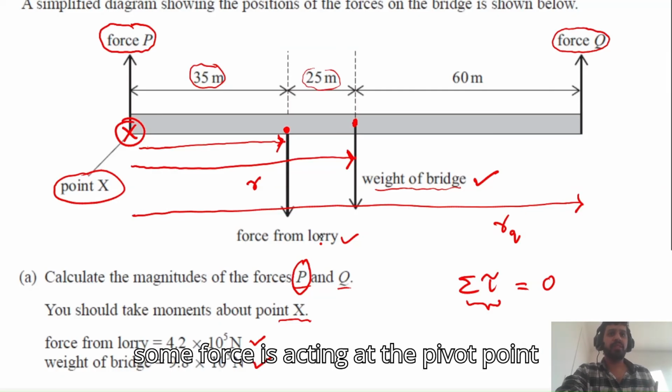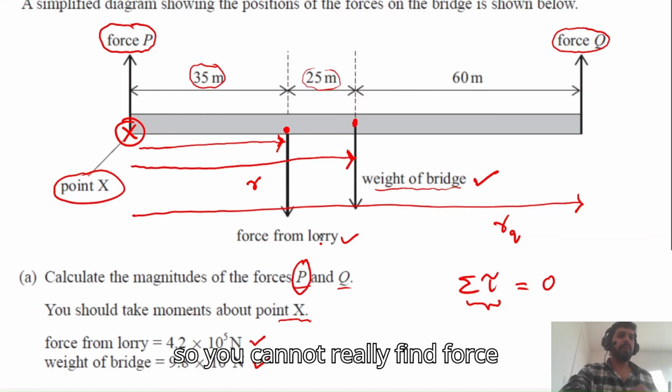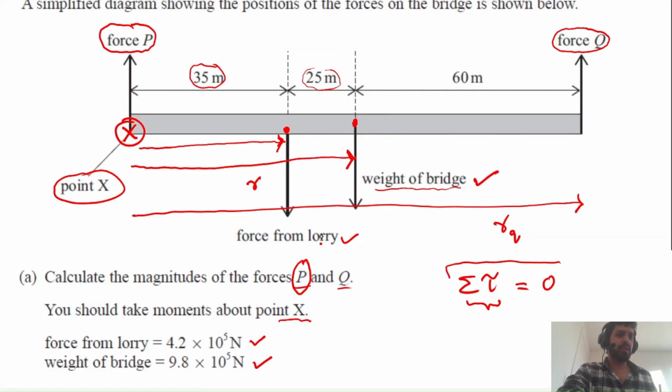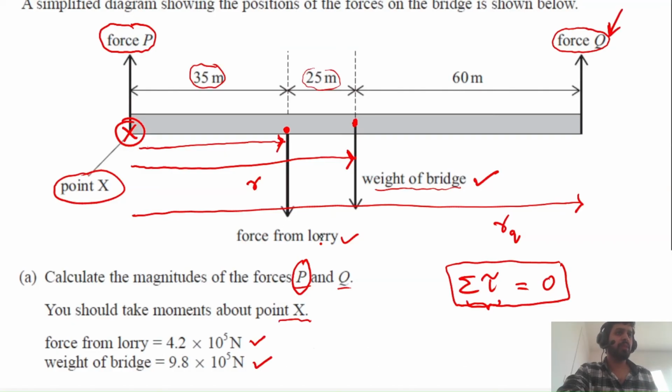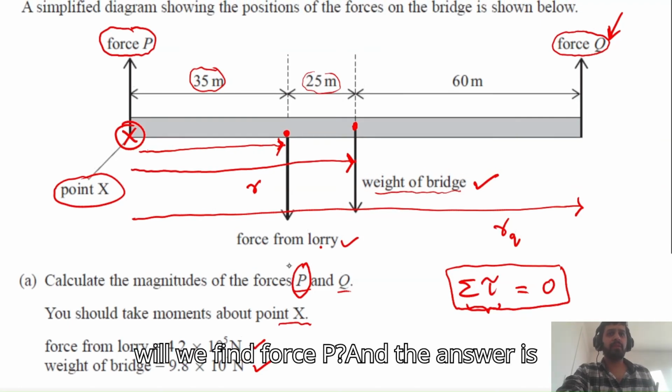So if some force is acting at the pivot point, because R will be 0 for this moment, you cannot really find force P by solving this equation. Using this equation, what you can solve for is force Q, right? So the question is how will we find force P?